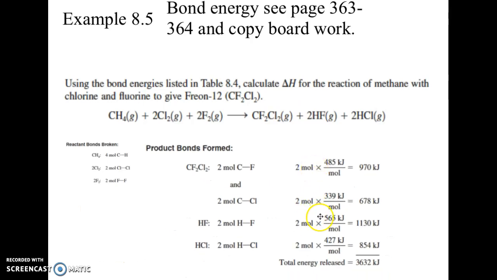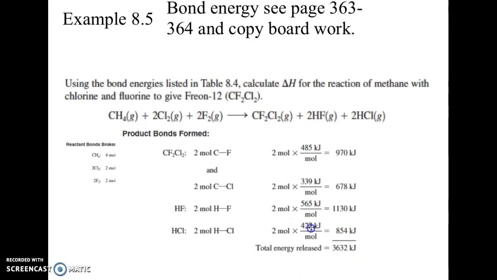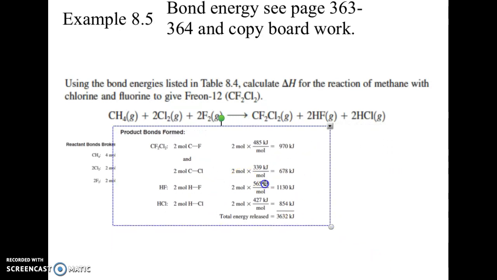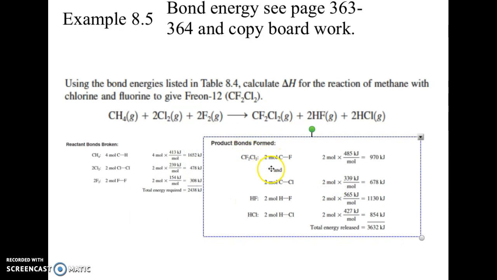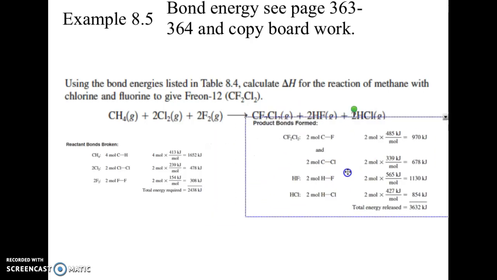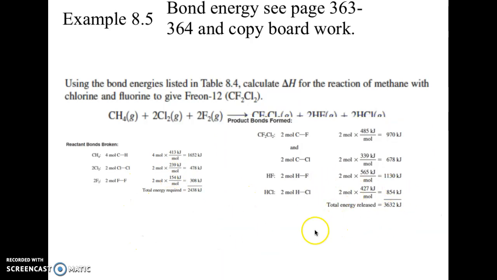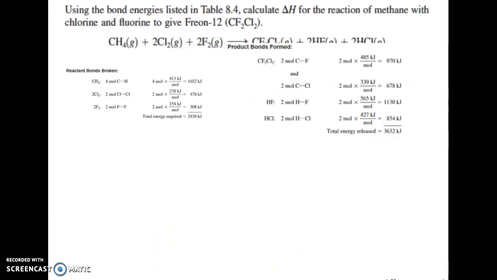Then we look at the bonds formed: 2 moles of carbon-fluorine and 2 moles of carbon-chlorine. Calculate the energy associated with them, 2 moles of HF, 2 moles of HCl, and there you get your total energy released. So you have the energy required here, and here you have your total energy released.